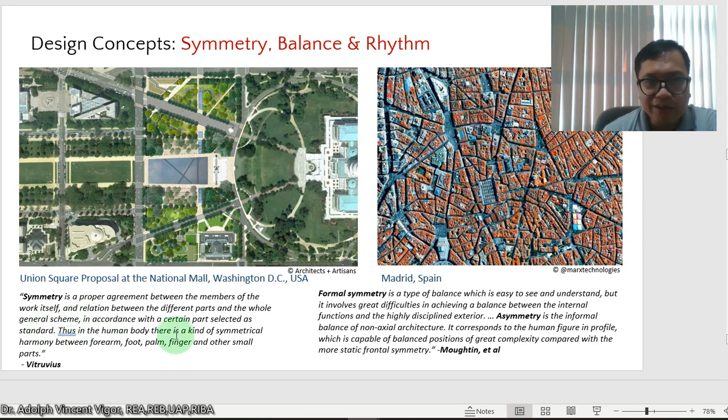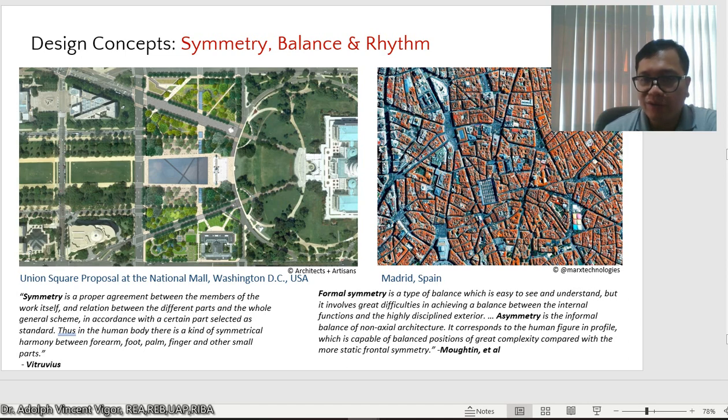Symmetry is a proper agreement between the members of the work itself and the relation between the different parts and the whole general scheme, in accordance with a certain part selected as standard. Thus, in the human body, there's a kind of symmetrical harmony between forearm, foot, palm, finger, and other small parts.